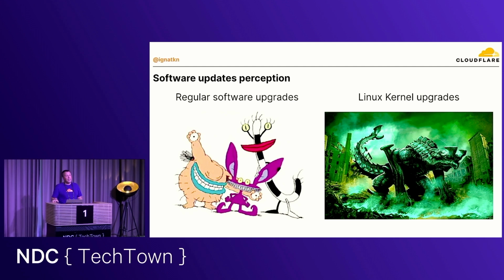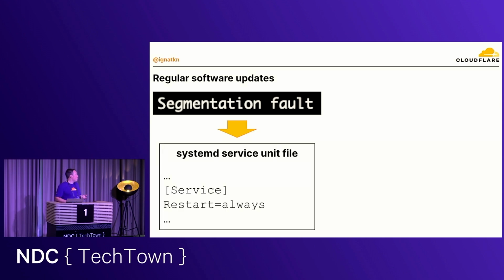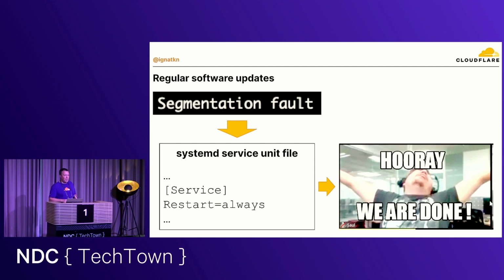And again, this is natural because with regular software updates, we know how to deal with them, right? So yes, the service fails once in a while, once a week. What do we do? Well, if you use systemd on Linux, you can just ask systemd to restart it, and your day is done.